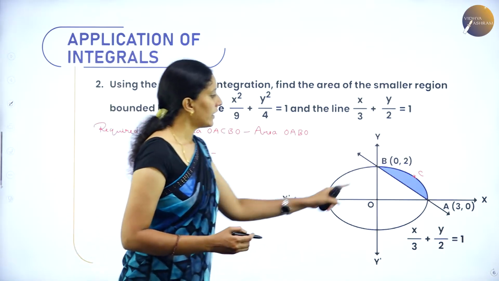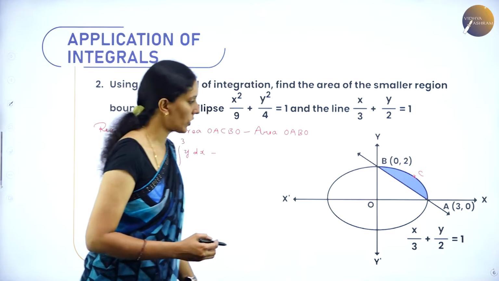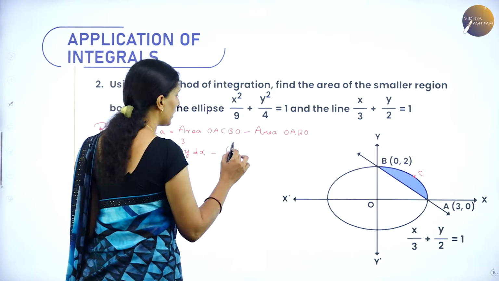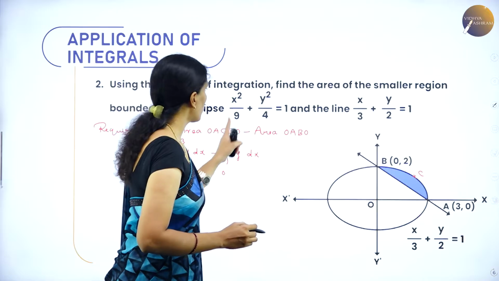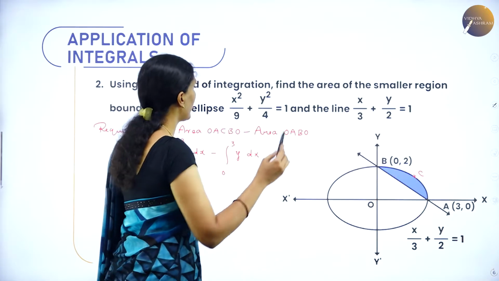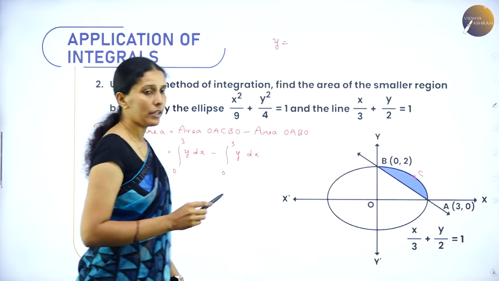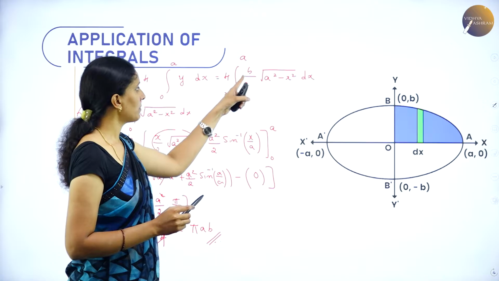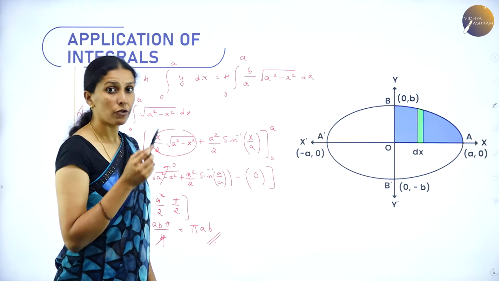Next, in the second part, we need to find the area of this triangle, so again it is from 0 to 3 of y into dx. Let's see the transformation of this curve along with y here. We have learned previously that the standard equation can be represented as y is equal to b by a root of a square minus x square, under the square root, if you want y.